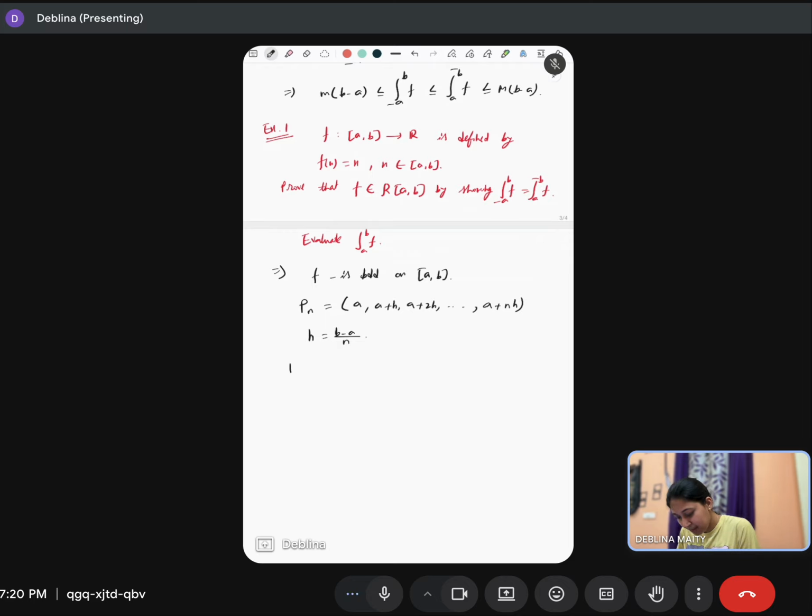Now what is M_r? Capital M_r is the supremum of f(x) in this interval [x_{r-1}, x_r], right? And small m_r is the infimum of f(x) when x belongs to this interval, right?